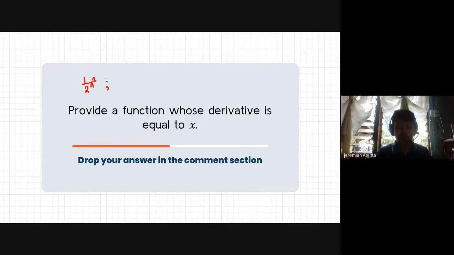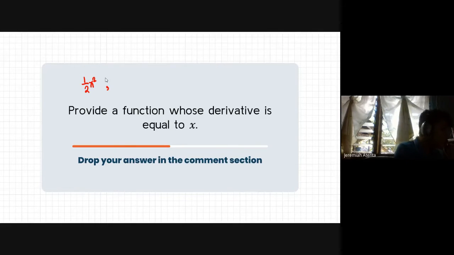Aside from 1/2 x squared, like what we did sa first example or first na task. Ano yung ginawa natin? So can you provide a function? So let's wait.